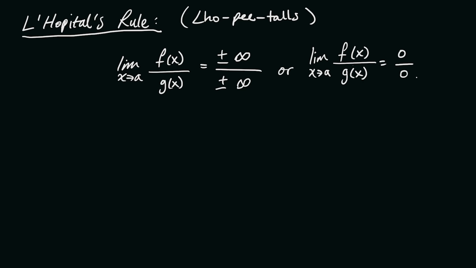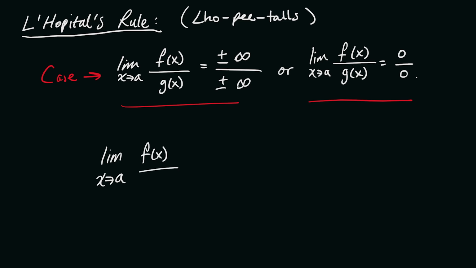The main reason why I'm teaching this after we taught derivatives is because it has to do with derivatives. So given these two cases, the two statements here, we can say that the limit as x is approaching a of f of x over g of x is equal to the limit as x is approaching a of f prime of x over g prime of x.